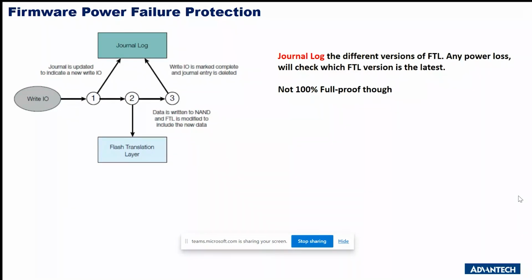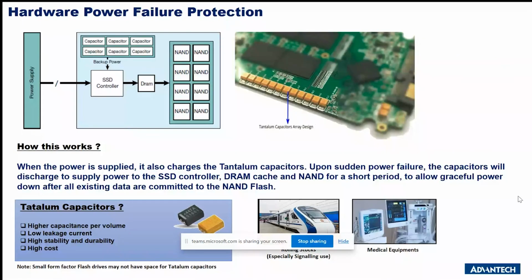Though this tends to be adequate, in reality, if the power fluctuation is quite bad, errors can still occur in some situations. As such, for power sensitive or highly unstable scenarios, firmware power failure protection is not so foolproof.